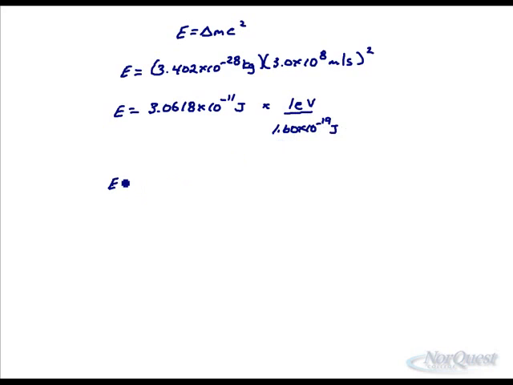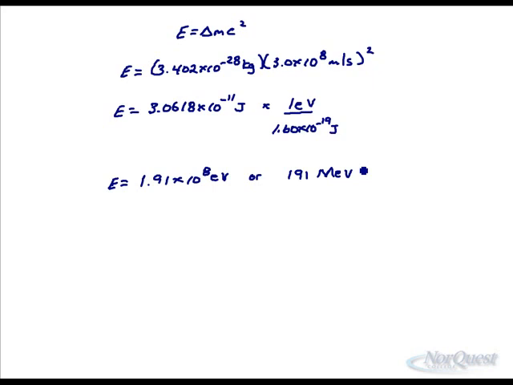So the energy in electron volts works out to be 1.91, a huge amount of energy, times 10 to the 8 electron volts, or more easily written as 191 mega electron volts. Mega being times 10 to the 6 electron volts. Huge amounts of energy released in fission in this case.